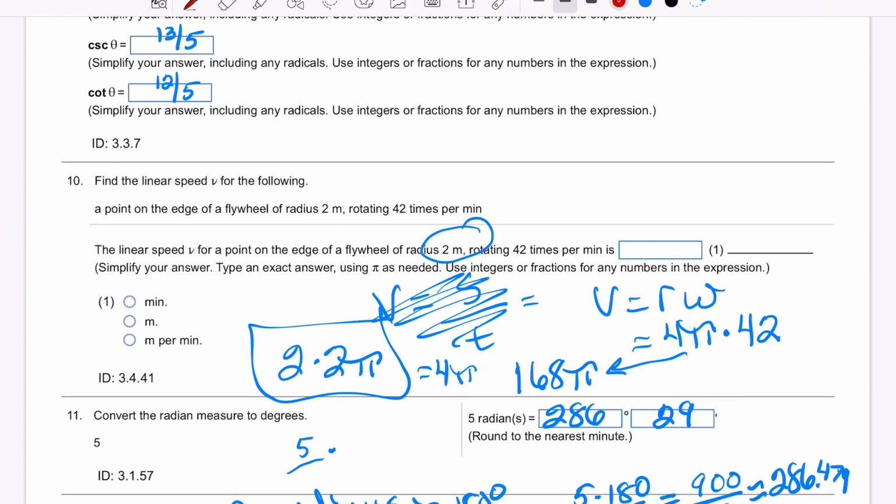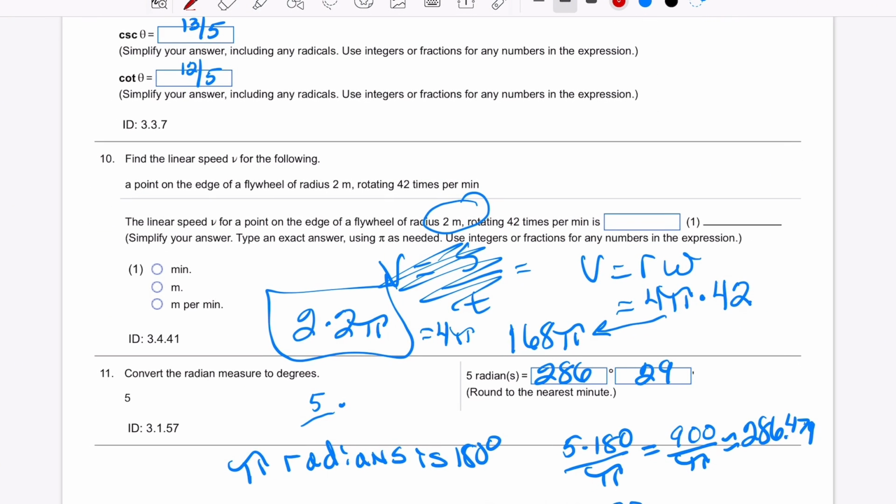And then for number 10, this one just utilized the formula for linear speed, which is r times omega. So that little w is called omega. You just need to multiply the radius in meters times the revolution.